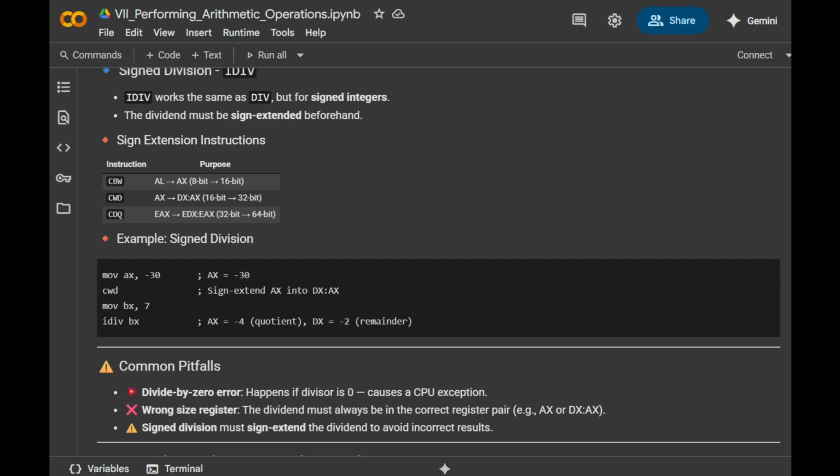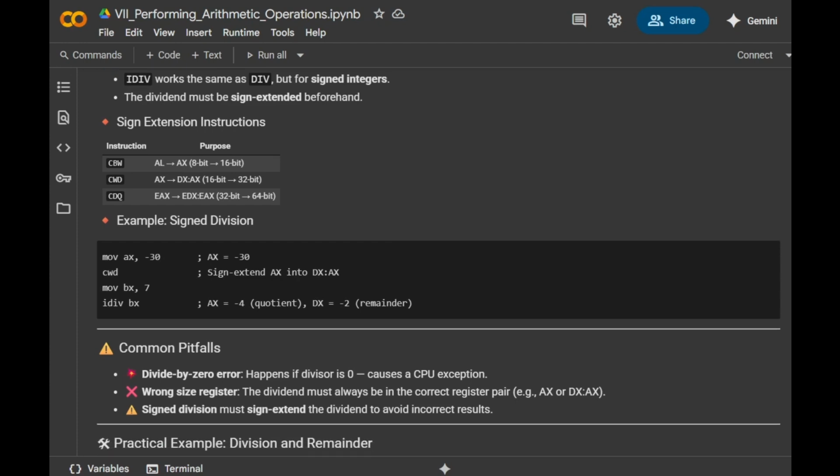For example, to divide -30 by 7, we would first move -30 into AX, then use the CWD instruction to sign extend it into the DX:AX pair. Then IDIV BX would give us a quotient of -4 in AX and a remainder of -2 in DX.